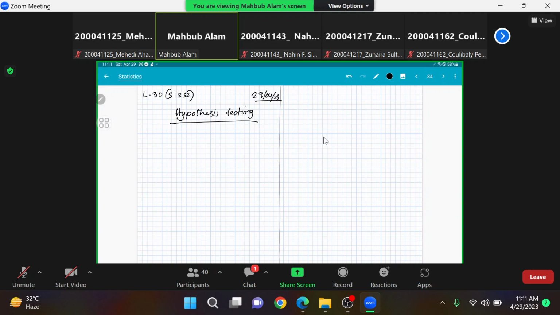In hypothesis testing, we defined a hypothesis in that class as a statement which can be true or false, and usually is related to a population parameter.